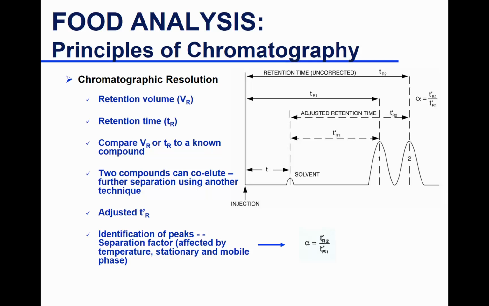Okay. So adjusting the retention time based on the time of the void volume, we call it the solvent front. This is the solvent front. This is a very common term, that this peak is your solvent front. Adjusting this gives us a better estimation or comparison if we're trying to compare retention time, let's say, with published work.